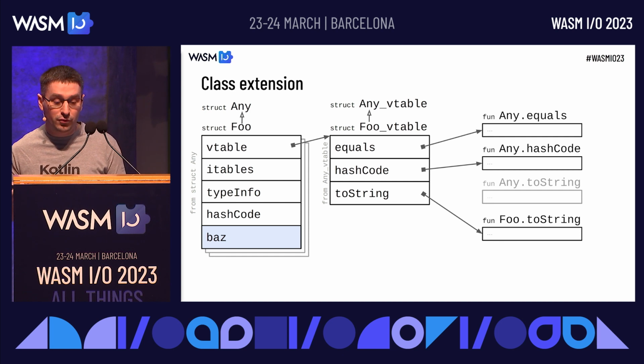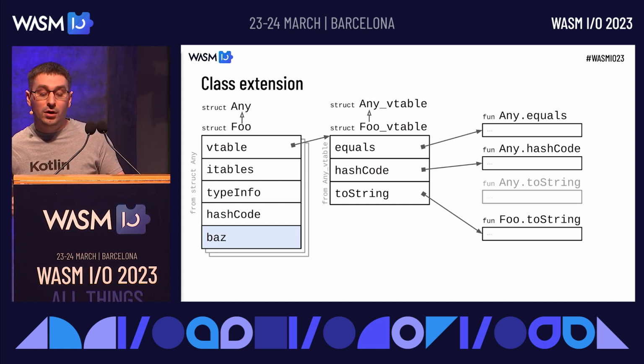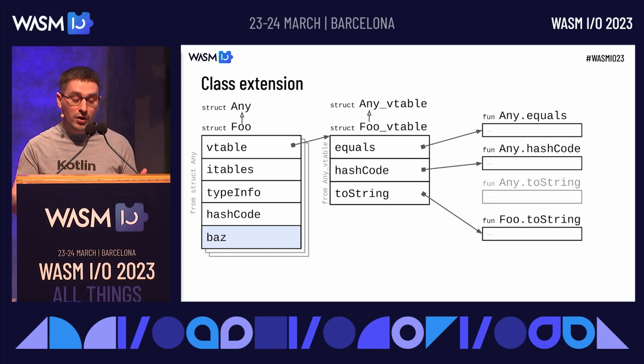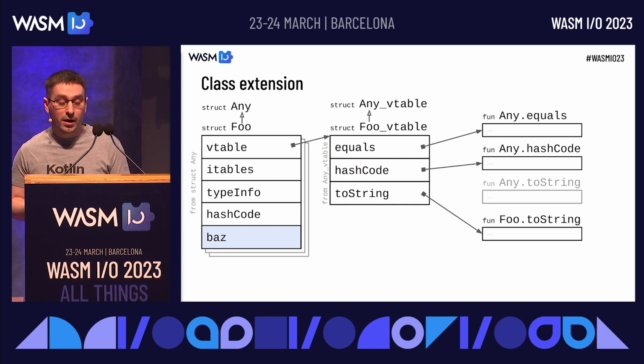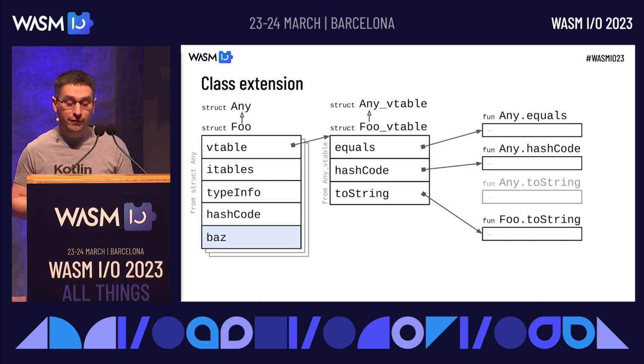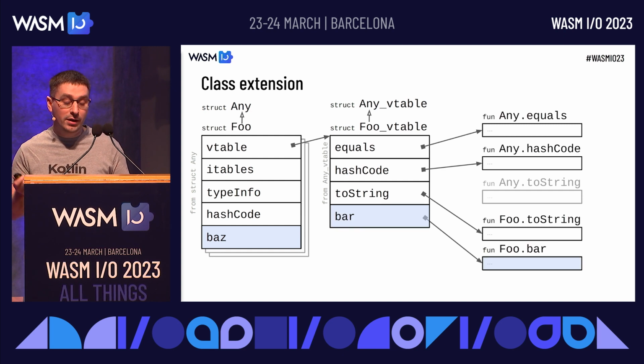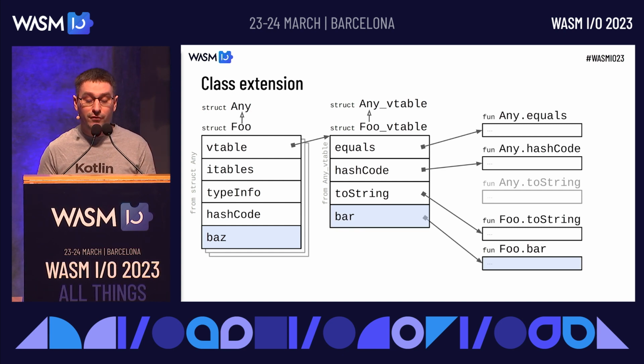To achieve that, we introduce a new virtual table and change the type of the vtable field to a more specific one to avoid casts when we try to call some function. In the new vtable, we change the reference for toString and introduce a new field bar for the new method.